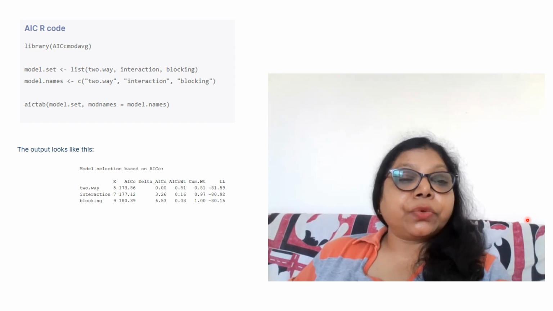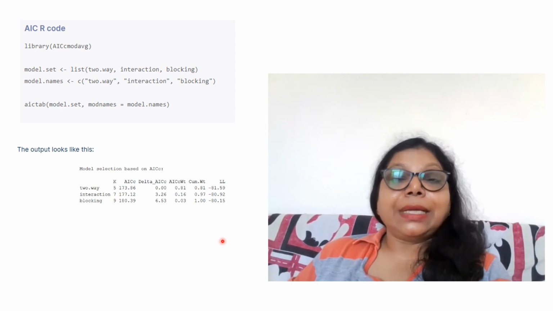You can use this code if you want to do it in R, and the output will look something like this: two-way, interaction, blocking, K value, AIC value, then delta AIC value, then cumulative weights, and the last one is LL.